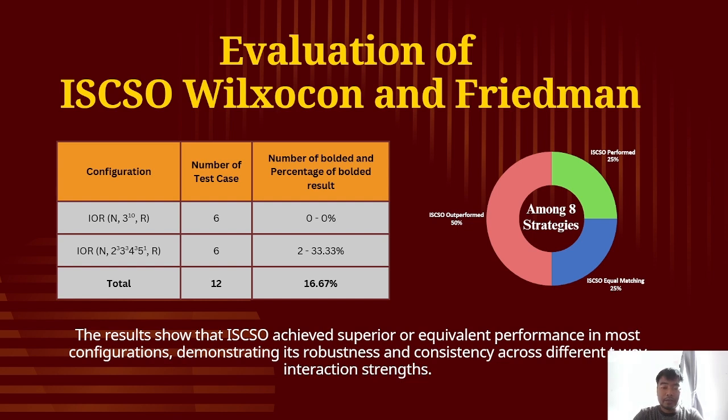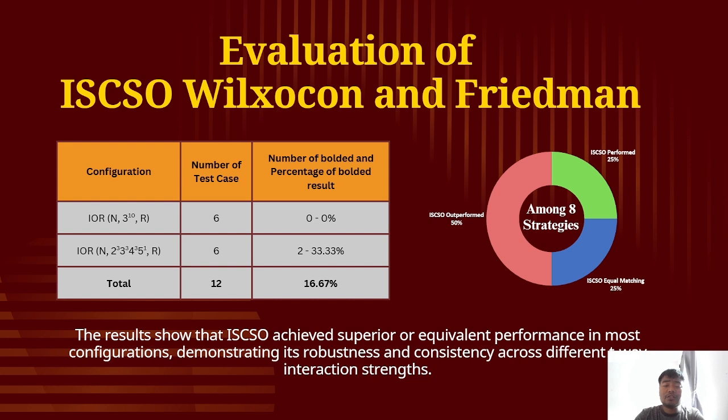So here we want to show that ISCSO is quite competitive, and the reason it was outperformed is that some of the strategies are already hybridized with other movements or reinforcement learning to make them better. So that's why ISCSO, in its original form, can still beat the other strategies.